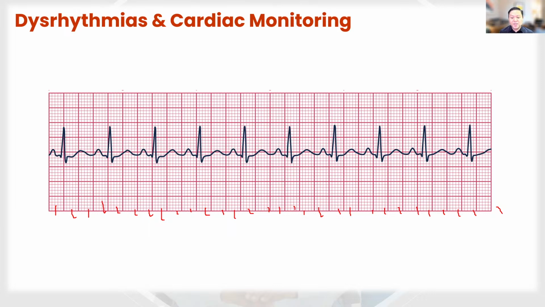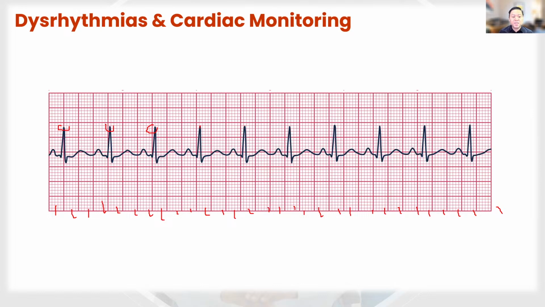So what are we going to do here? We are going to count the number of RR intervals, which is the time between the successive R peaks, these right here. Take note that we have 30 squares in a 6-second strip.